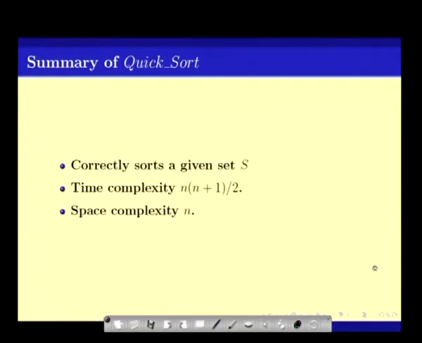So, we saw in the last lecture that this quicksort algorithm correctly sorts this set S. It has a time complexity of around the same thing as the insertion sort, which is n squared around, and the space complexity, since we had to create these two sets L and R, it required n.